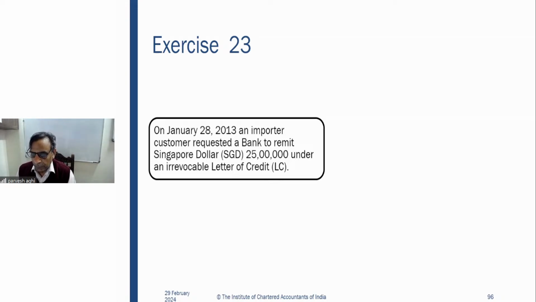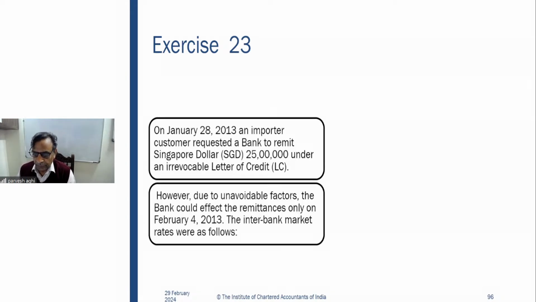He wants to make a payment. How much? 25 lakhs Singapore dollar. He has opened an LC, so he says remit this money to my supplier, and he approaches the bank on January 28th. Now, however, due to unavoidable factors, the bank could effect the remittance only on 4th of February 2013.